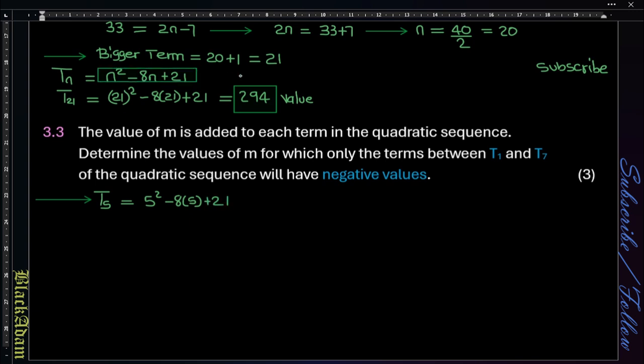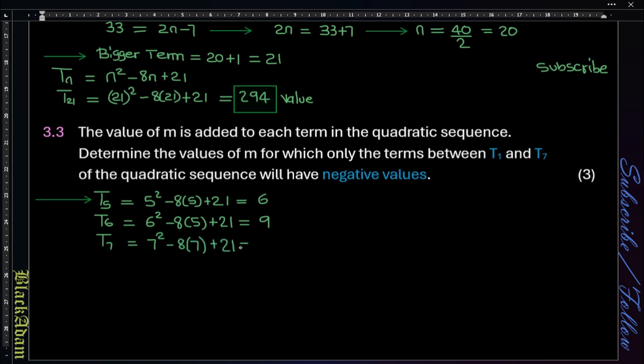Using that equation, that will give us 6. And then T6, doing the same thing, 6 squared minus 8 multiplied by 6 plus 21 gives us 9, and then 8 multiplied by 7 is 56, giving us 14.